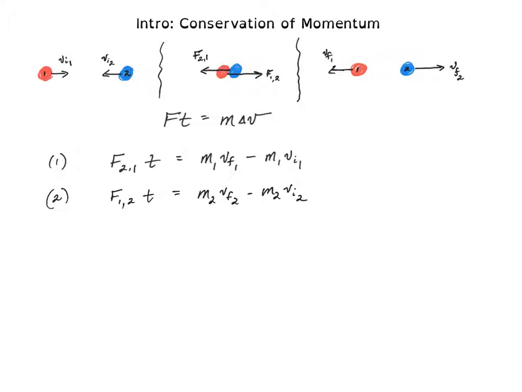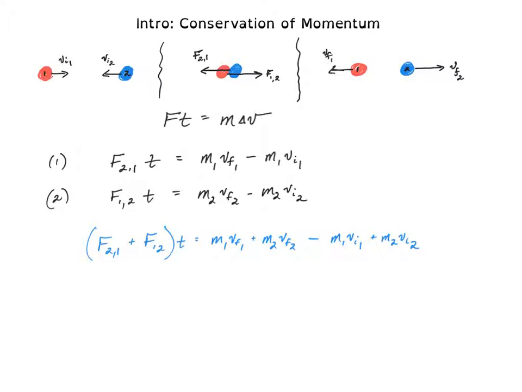That gives me F21 plus F12, multiplied by the time, and then I'm going to have M1 V final 1 plus M2 V final 2 minus M1 V initial 1 plus M2 V initial 2.